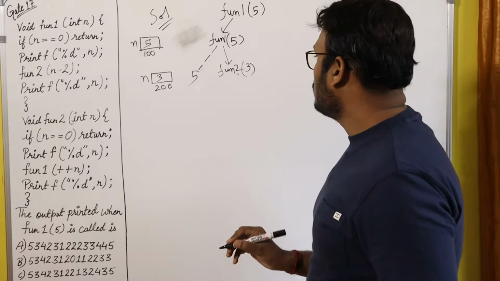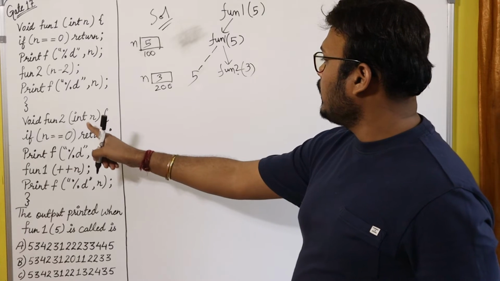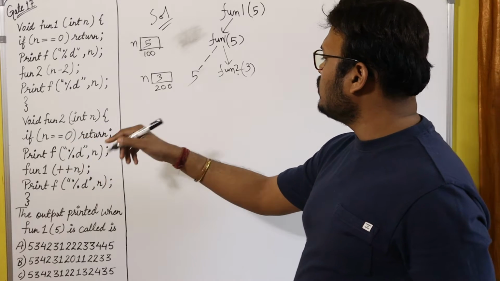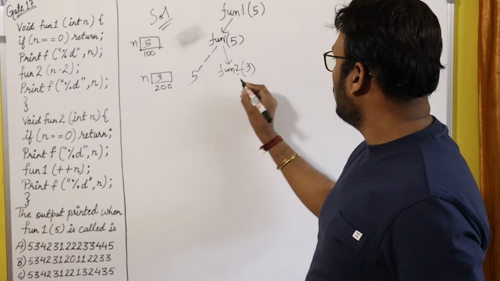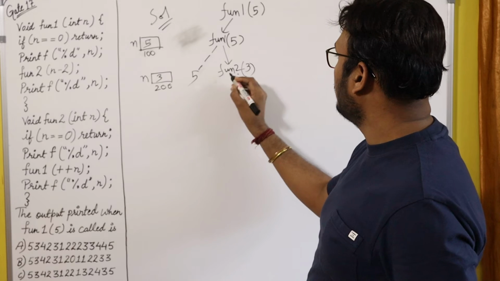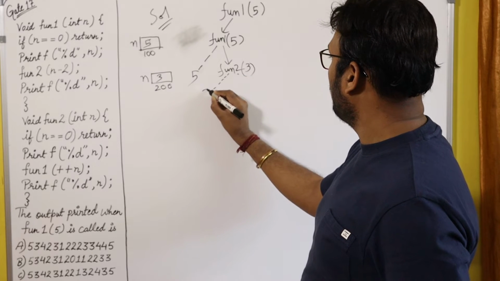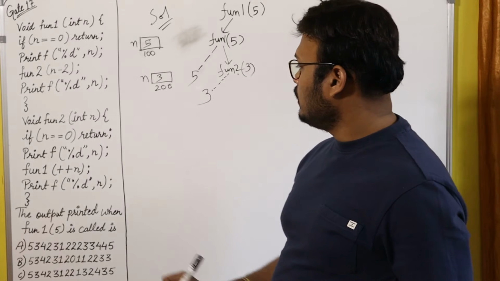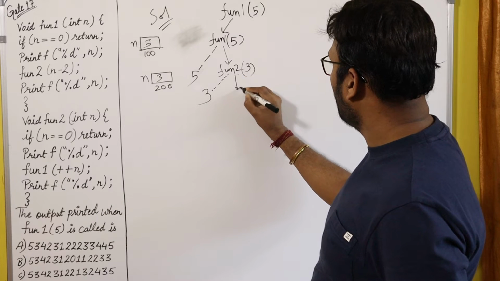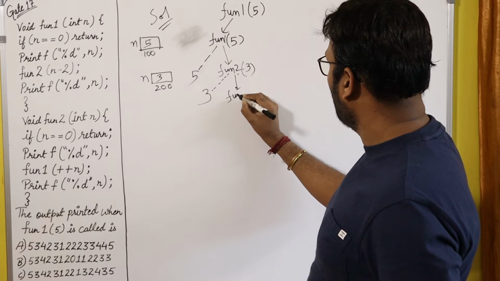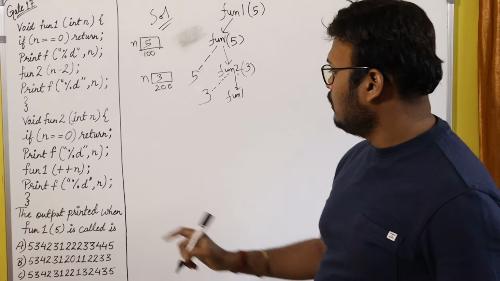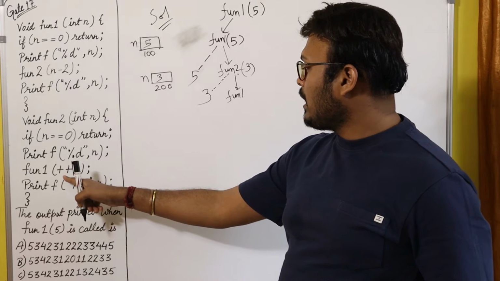Now what's there in fun2? If n equal to 0, no, printf n. So n will be printed. What is the value of n for function 2? 3. So 3 will be printed. Now fun1 is getting called here, with the pre-increment of n as the parameter.